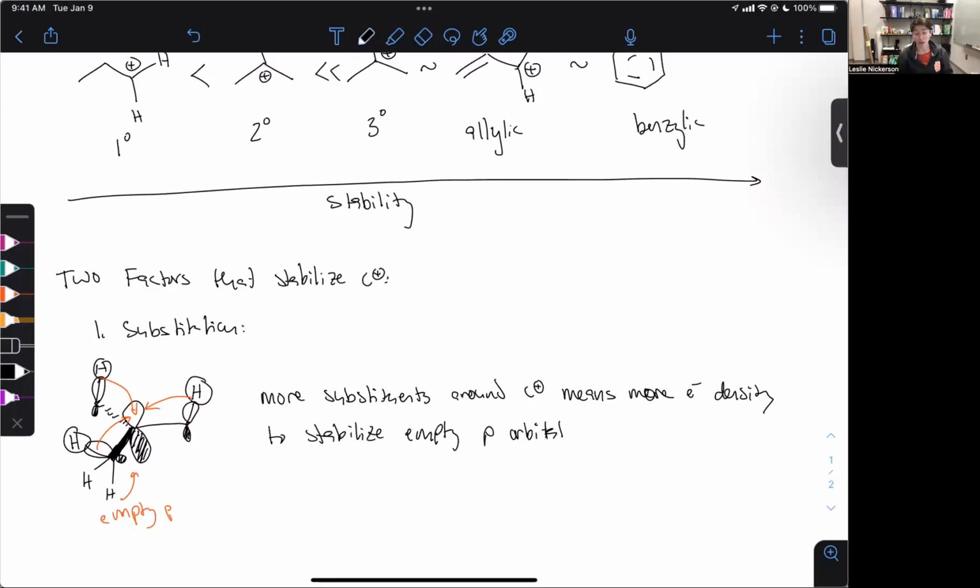This effect is called hyperconjugation if you want to look it up. It is a pretty cool effect. Try to write it clearly so that you can look it up.